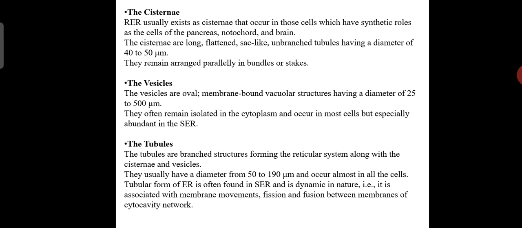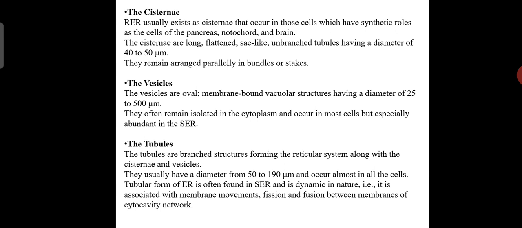Rough endoplasmic reticulum usually exists as cisternae that occur in those cells which have synthetic roles, such as the cells of the pancreas, notochord and brain. The cisternae are long, flattened, sac-like, unbranched tubules having a diameter of 40 to 50 micrometer. They remain arranged parallelly in bundles or stacks.